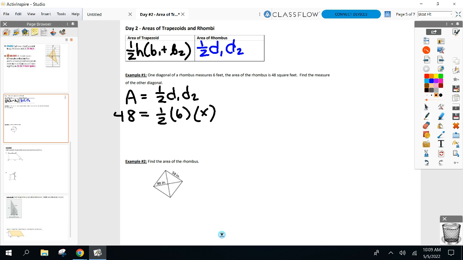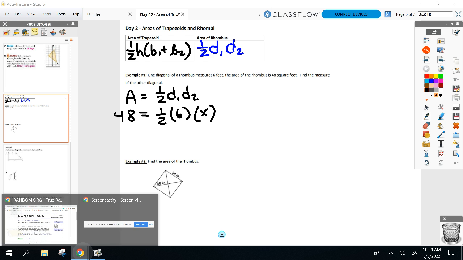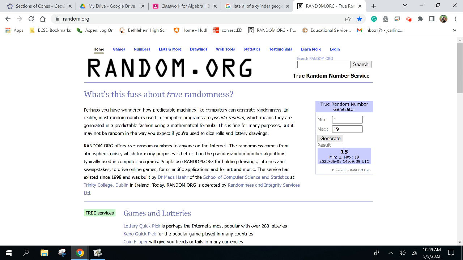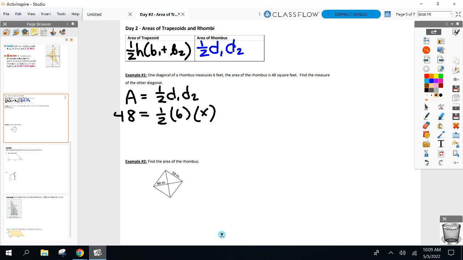There's a lot of different moves you can make here. What's your move to solve for X? Well, your first move anyway, out of a couple, but what's your first move? I got to do something with the 1/2 and the 6 to get X by itself.